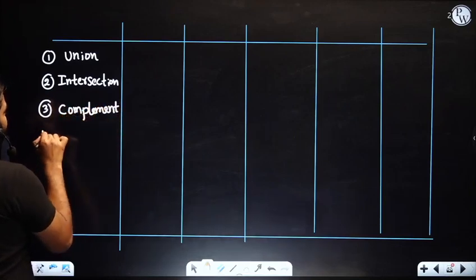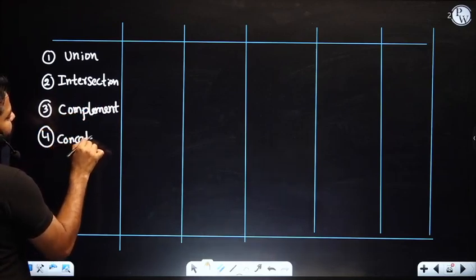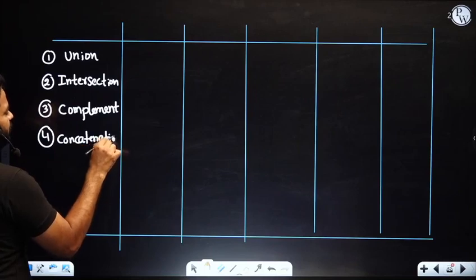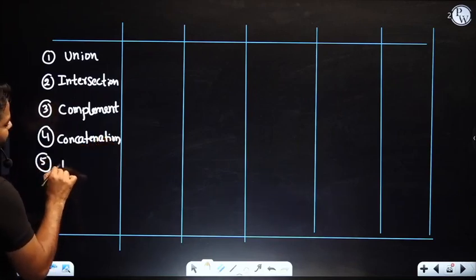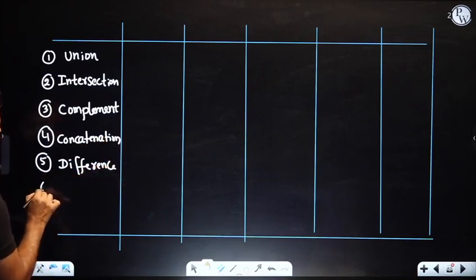Then complement, and concatenation. You can go for difference, and you can go for reversal.